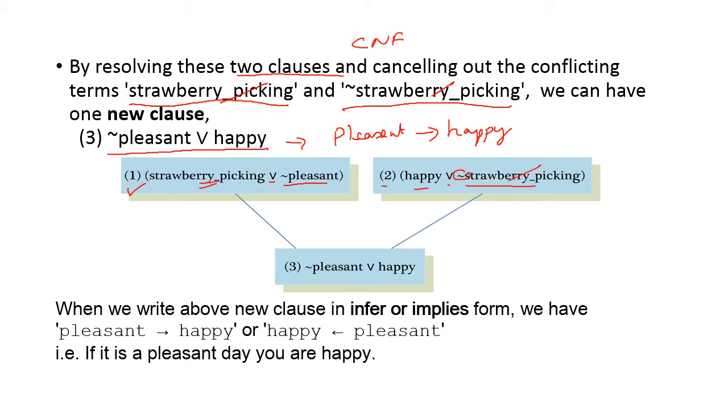We can remove these two terms, and finally we have not pleasant union happy, which we can write in this form: pleasant implies happy. If it is a pleasant day, you are happy. This is our conclusion statement.